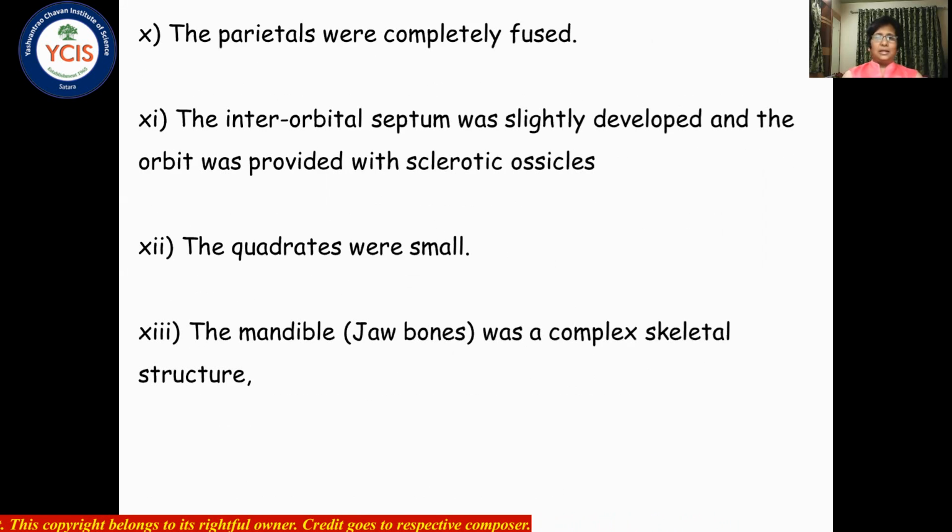The parietals, meaning the wall of the cavity, were completely fused, and the interparietal foramen was absent. The interorbital septum, a vertical sheet of skeletal material between the orbits, was slightly developed, and the orbit was provided with sclerotic ossicles, the ring bones found in the eyes.